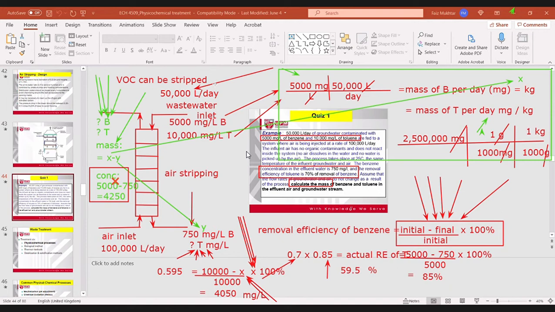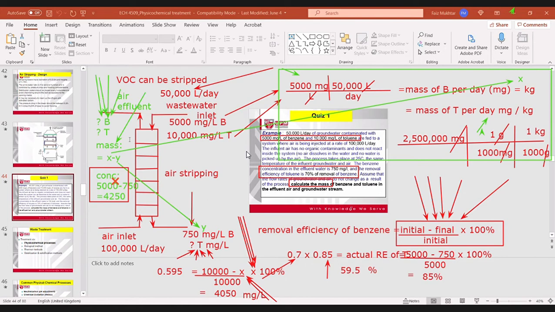So that's why when you calculate 5,000 minus 750, and you mention that as the amount of benzene in the air effluent, we call it the air effluent. This is air effluent.